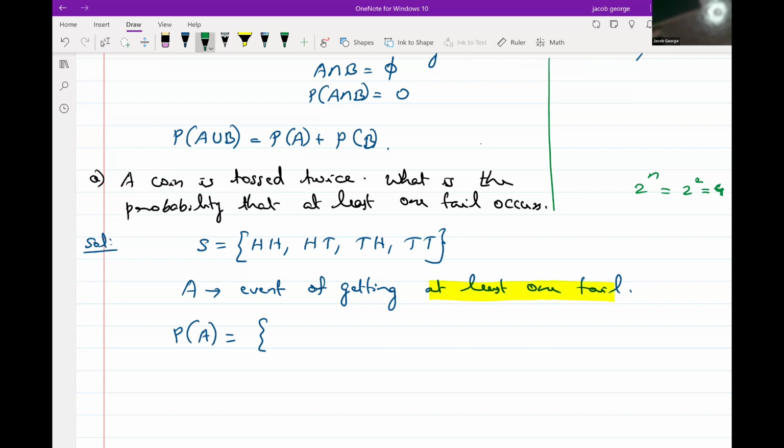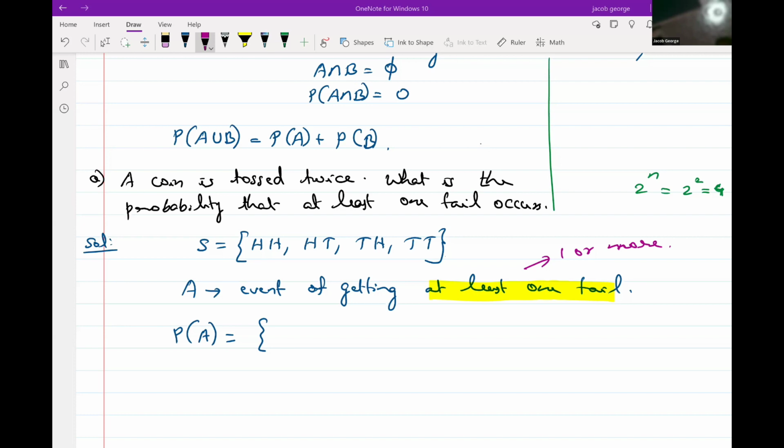At most is one and less than one. At least is one and more than one.